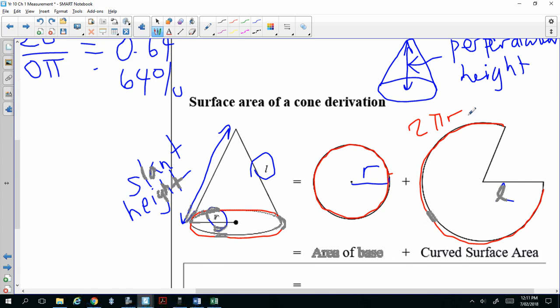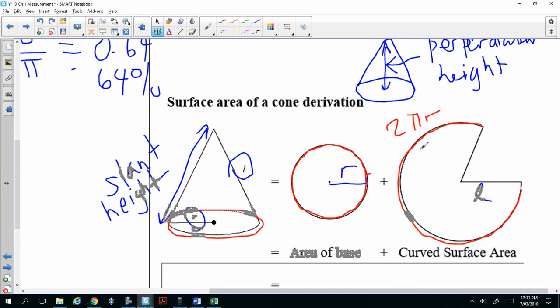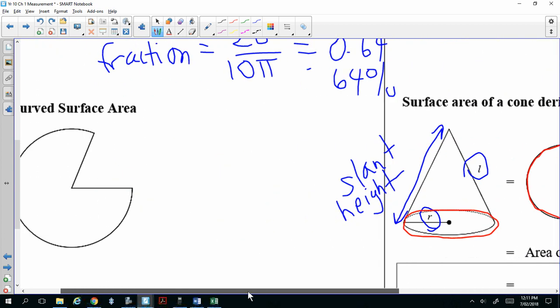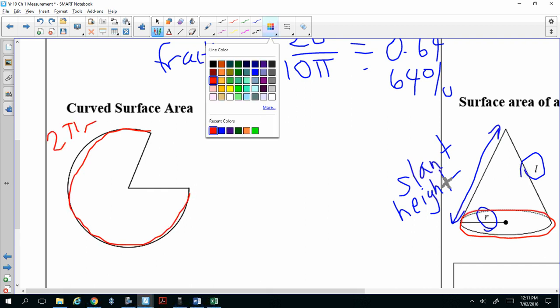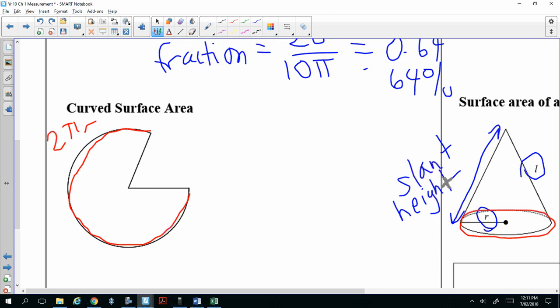All right. Any question? This is very important. Okay, let's develop. Now we're going to find the area of this. So to find the area of that, we're going to label this 2 pi r first. And remember, the radius of the circle of the sector is L, the slant height. We're going to calculate the fraction of the full circle.